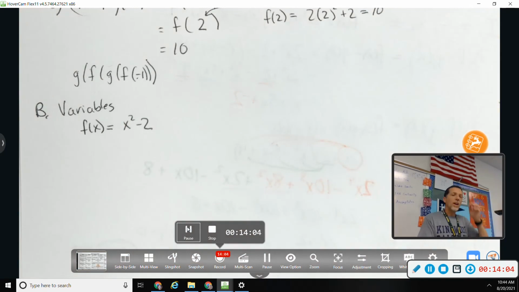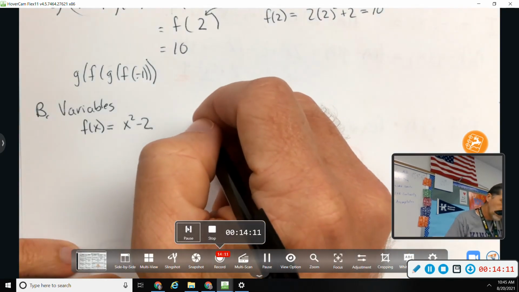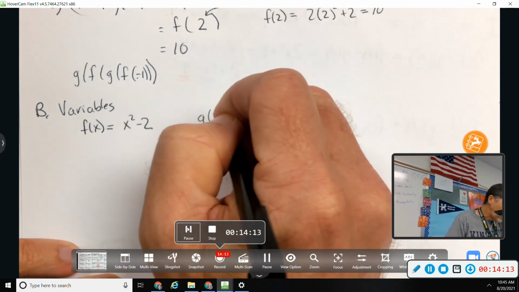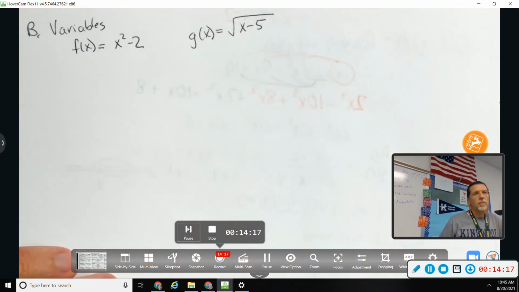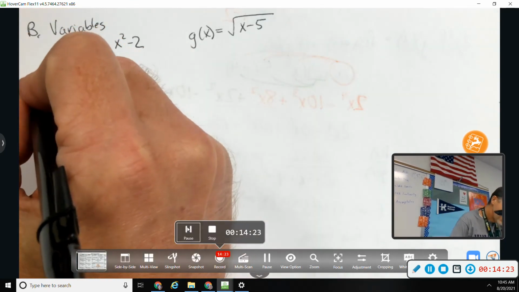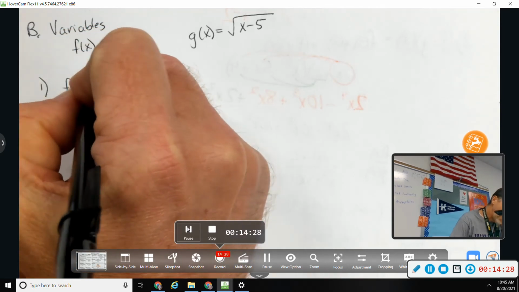All right, let's try the composition with variables. F of x equals x squared minus 2, and g of x equals the square root of x minus 5. How do you add a square root? It is, you're right.